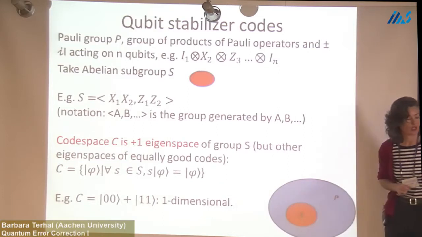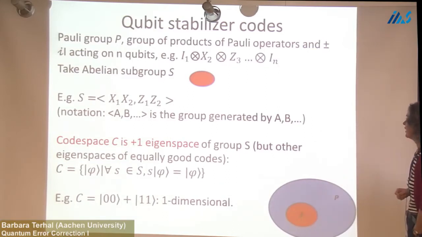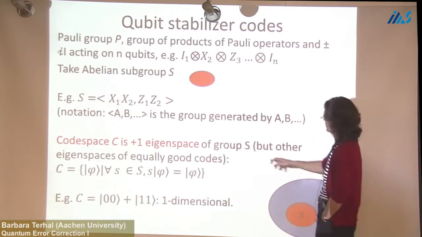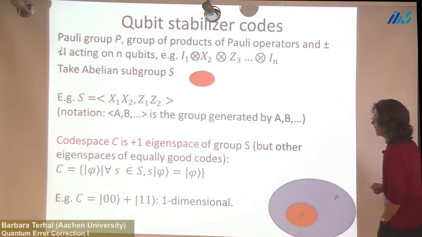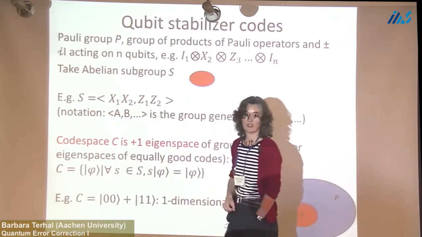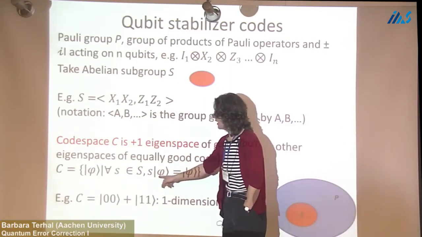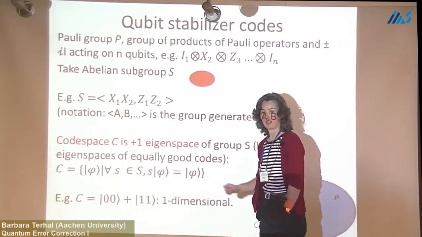So now, what is the code space? What is that subspace? How can I define that now? It is the +1 eigenspace of the group S. So this definition is like this. C are all the n-qubit vectors such that for all elements in S, S acting on this vector gives back itself.